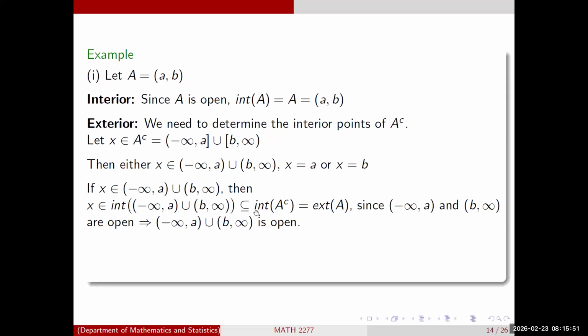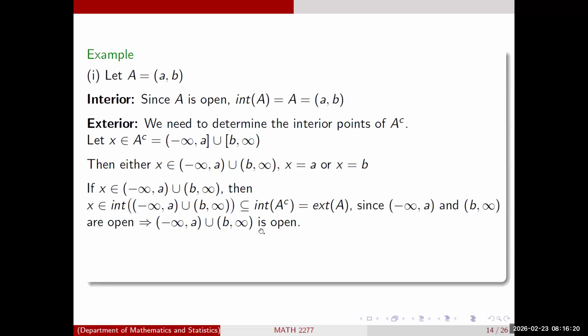We know that the interior of A complement is the same as the exterior of A. In other words, every single point x belonging to minus infinity to A union B to infinity belongs to the exterior of A.